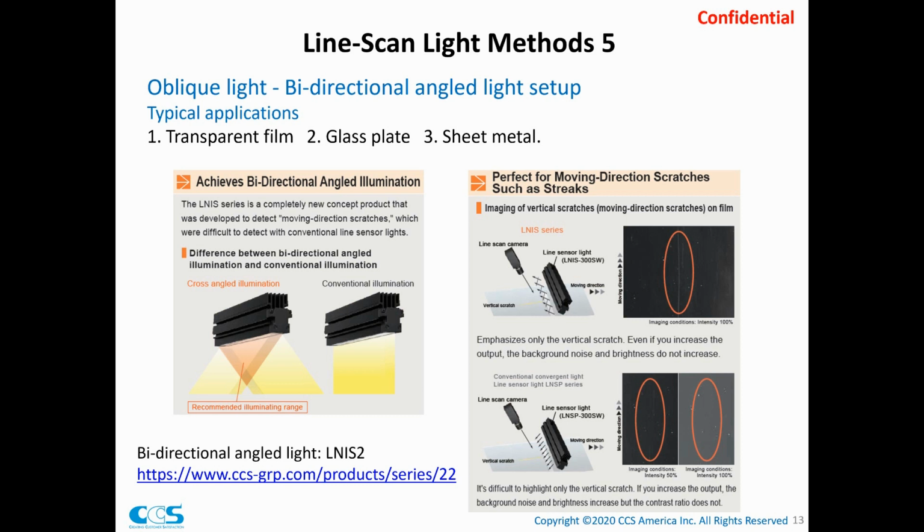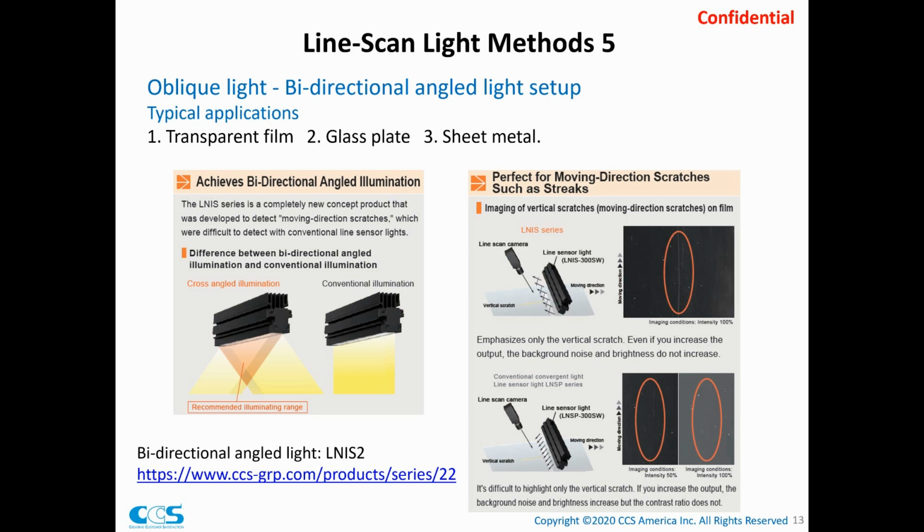This time, let's first see what the application is, and then we will bring up what light we need. In line scan applications, there is one application that is traditionally really difficult: the scratches along the moving direction.